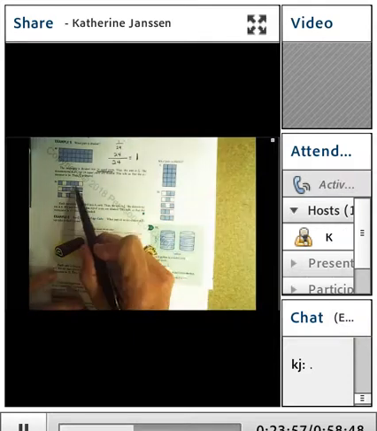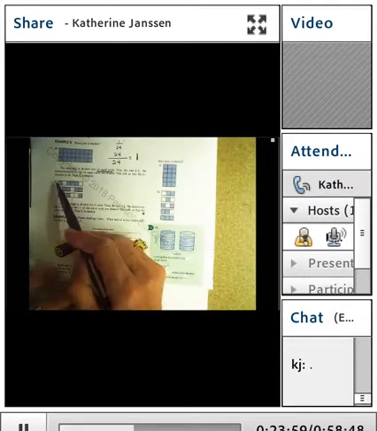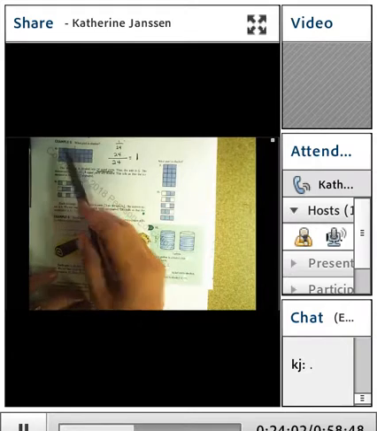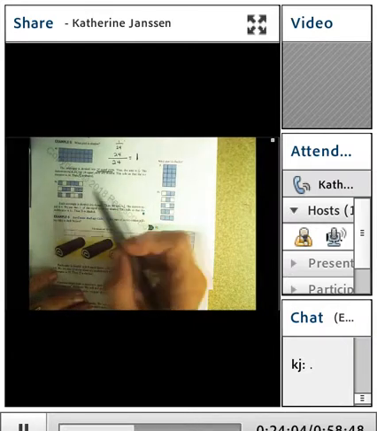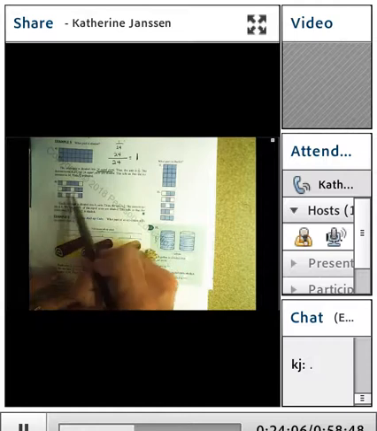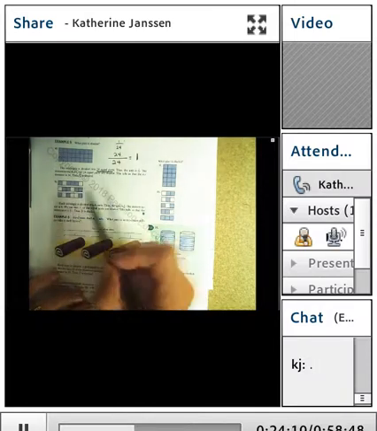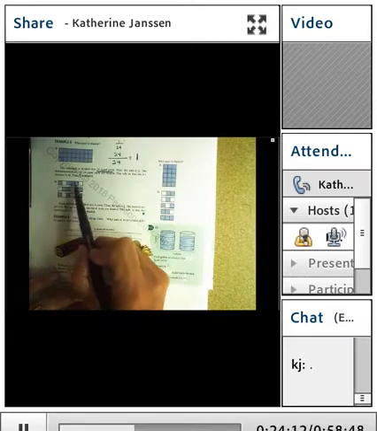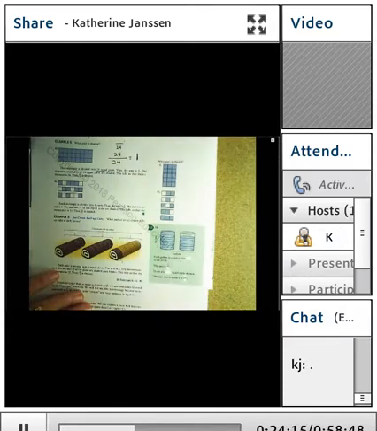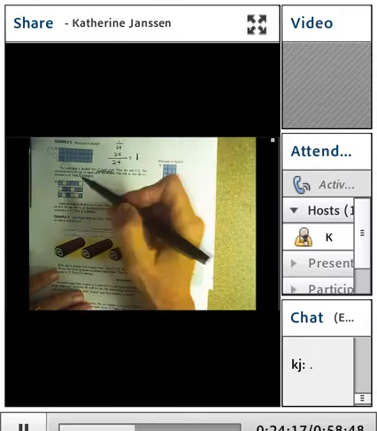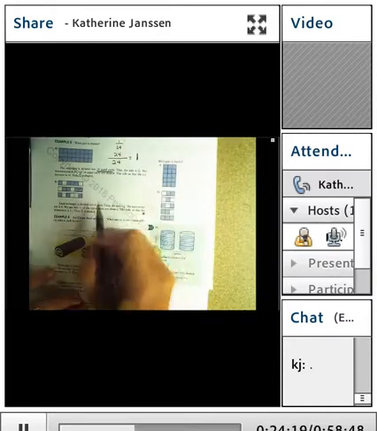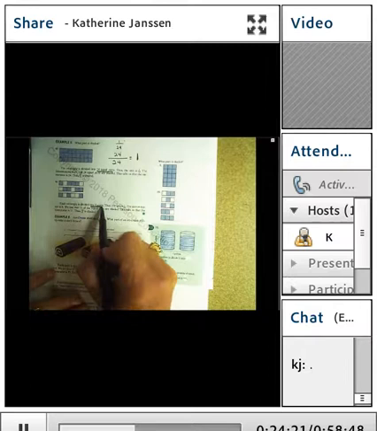Be careful with the next one. Part B of example 5. We have equal parts. This is not one whole diagram. These are 3 separate parts. And we have 1, 2, 3, 4, 5, 6 equal parts, so it's divided into 6 equal parts.